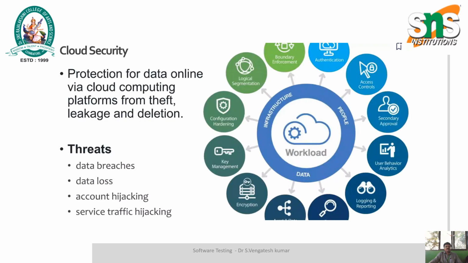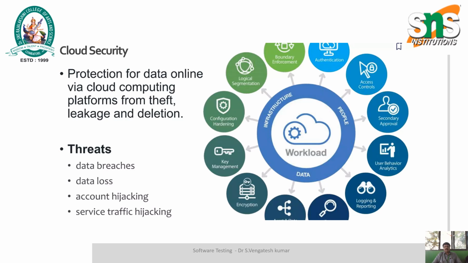The next case is about cloud security. When it comes to cloud security, it is the protection of data online via cloud computing platforms from theft, leakage, and deletion. The threats here are that data breaches can happen, data loss can happen, account hijacking can happen, and service traffic hijacking can also happen.